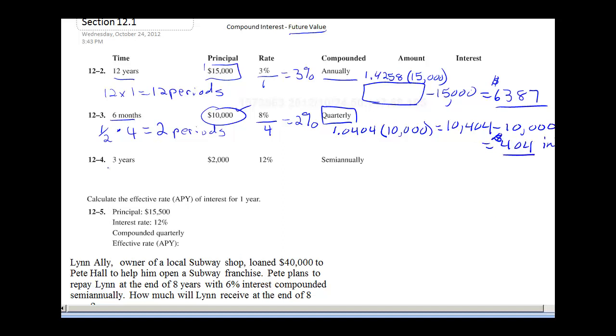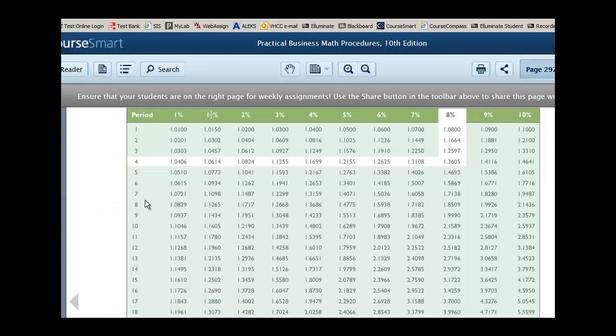And let's do one more of these. 3 years, compounded semi-annually. Semi-annually would be twice a year, so we've got 3 years times 2 compoundings per year gives us 6 compounding periods. And 12% semi-annually, so we divide by 2, would give us 6% per period. So we go back to our table, 6 periods and 6%. Find 6 in the period column and go over under 6%. 1.4185.